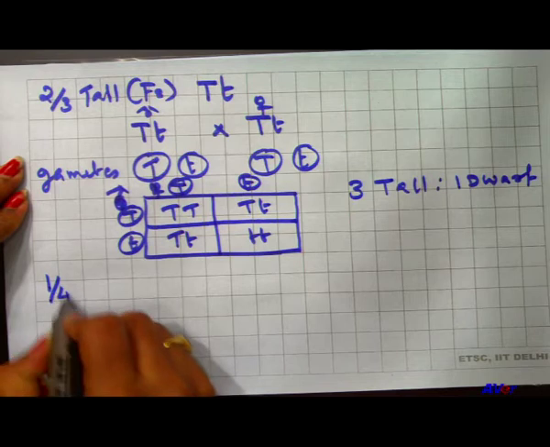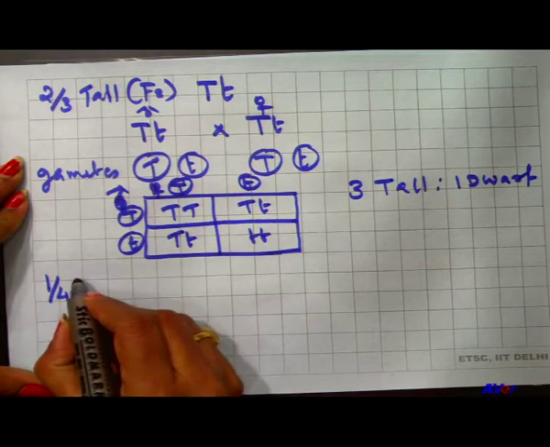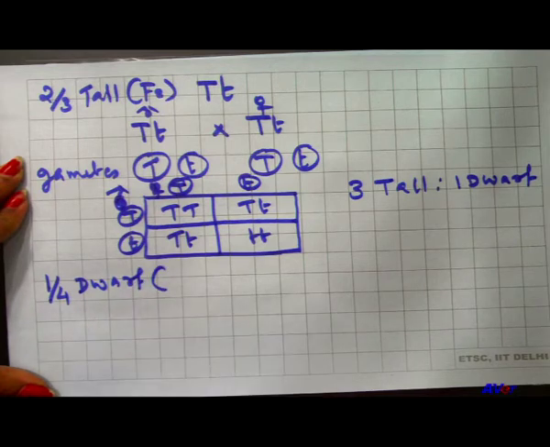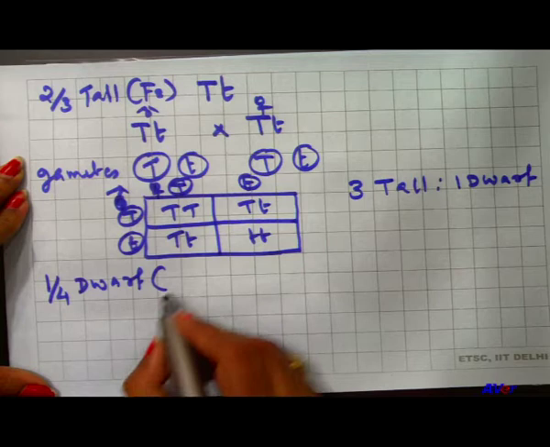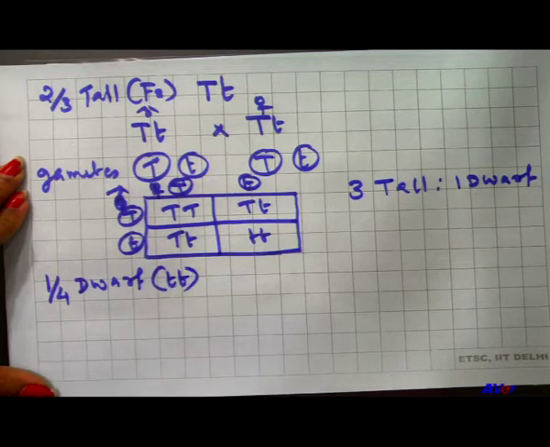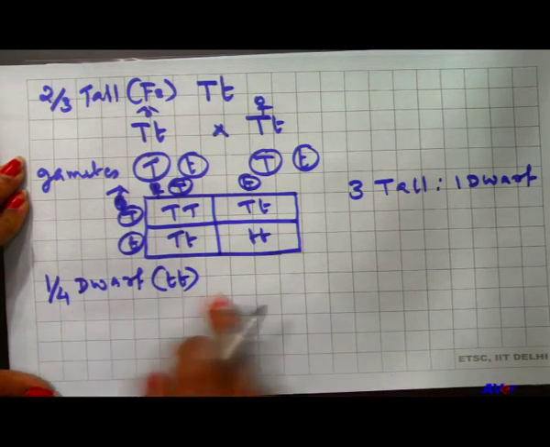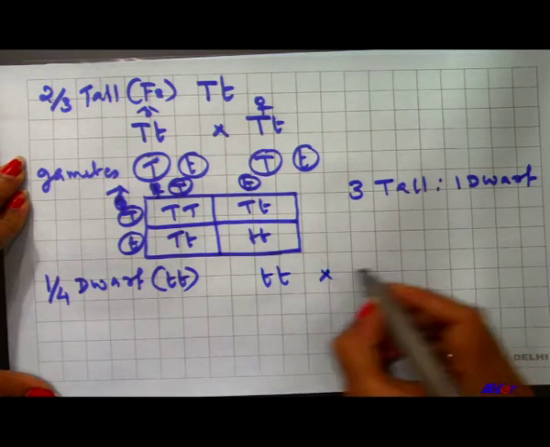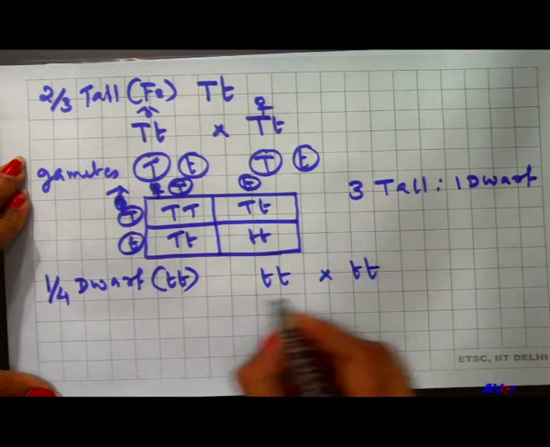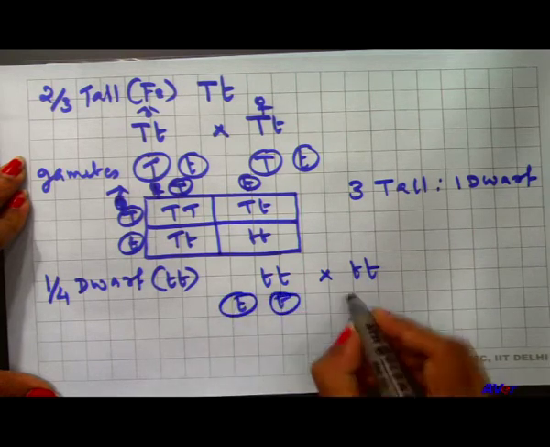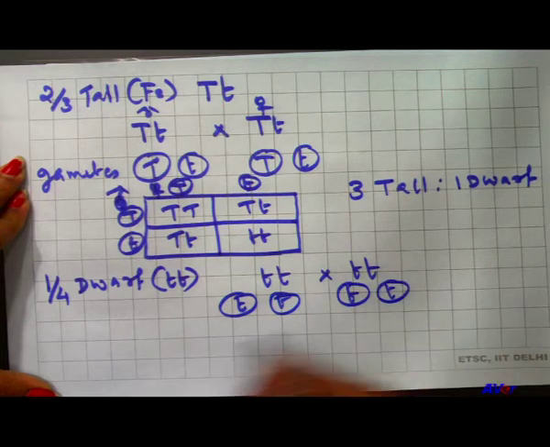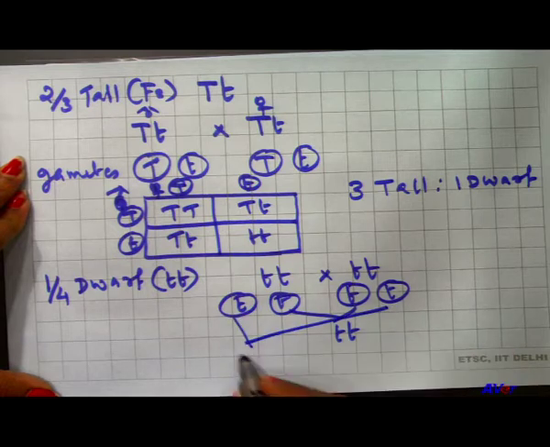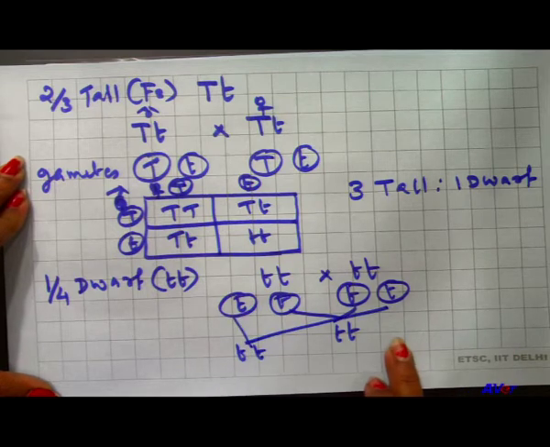Now 1 by 4th of the progenies of F2 generation, that is the dwarf progeny. We know that dwarf is recessive, so its genotype is small t small t, homozygous one. If we are selfing this particular progeny, then also we will get only one phenotype, that is the dwarf phenotype only.